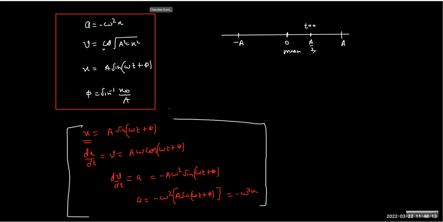This is a by 2, maybe. If I ask you a simple question, how much time will it take for you to go from here to here? If I say this is t equals 0, how much is this t? Who can answer this question?